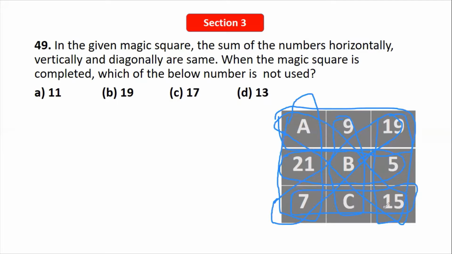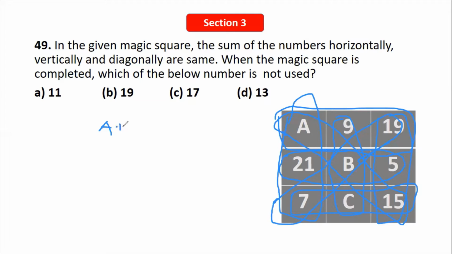So we can take one diagonal. 15 plus 5 plus 19 is equal to 20 plus 19, 39. So we now know that the sum will be the same and it is equal to 39. We take this A plus 9 plus 19, which is A plus 28.